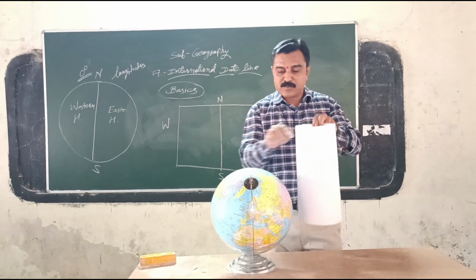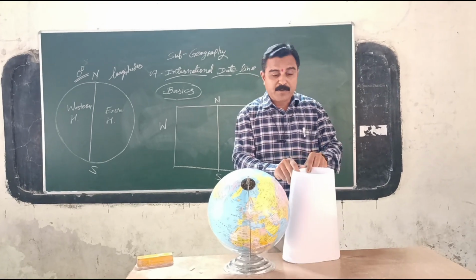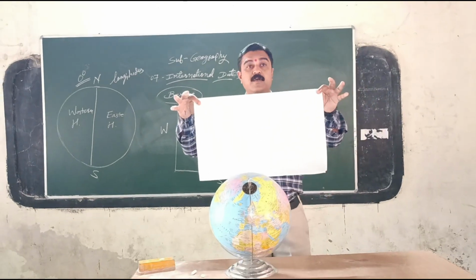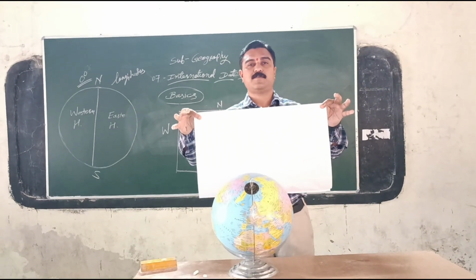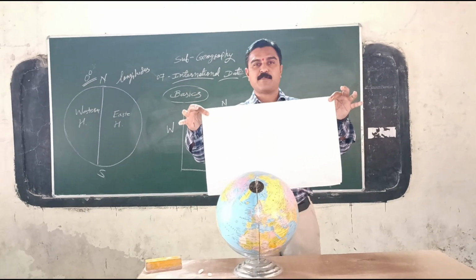Whenever we cut this globe from the back side, exactly from 180, the whole earth will convert into a flat shape, as we have in a world map. Through this world map, we can study our earth in a better manner.